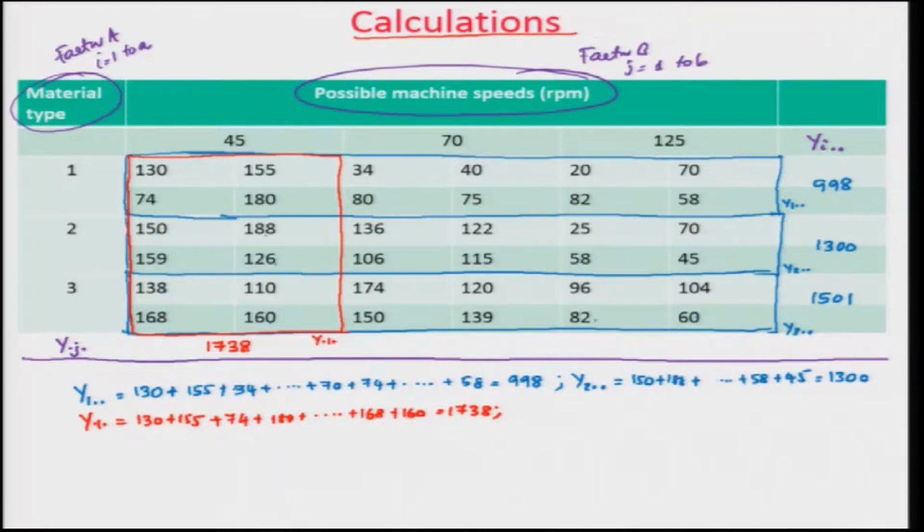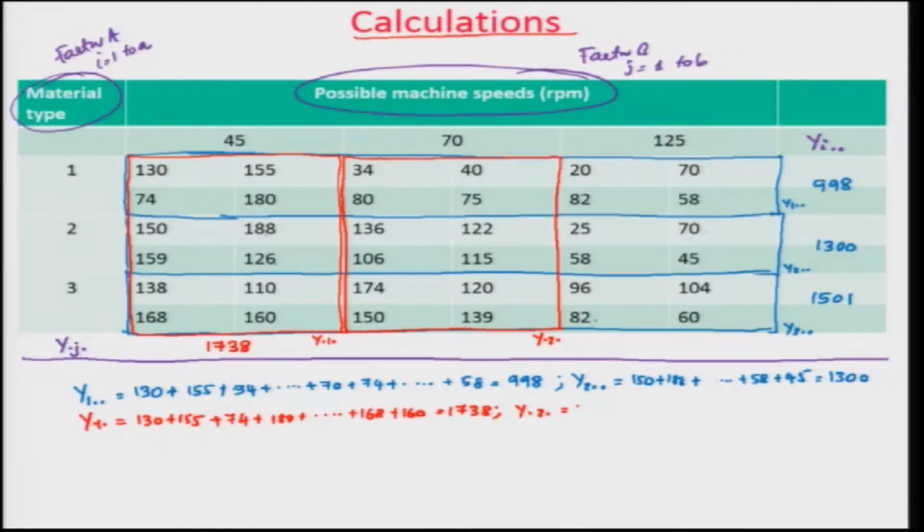This is the first set. The next one we are going to talk about is the second one, which we call y dot 2 dot. For this case, the y dot 2 dot is equal to this, for the second value. How do you calculate that?